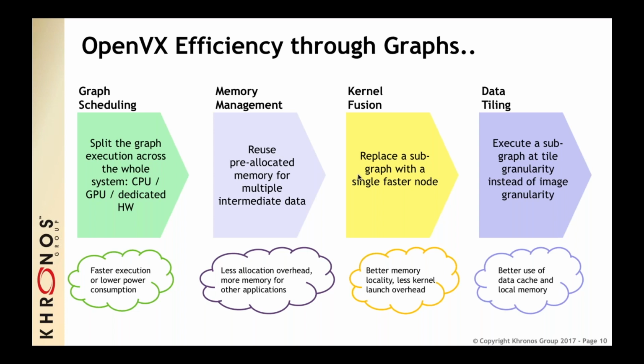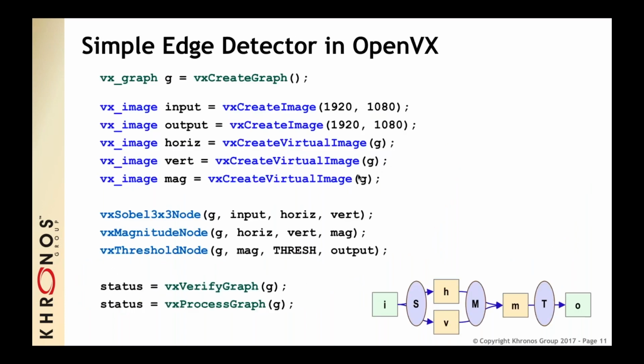In an implementation, you look at all these three and say, I can fuse all of those into one node. My Gaussian filter can just take RGB, calculate the luma, and then perform the whole output. So all those things are possible, and an implementation can do them. If you have an OpenCL kind of implementation, you can fuse all of them into generating one OpenCL kernel. There are different techniques that every vendor uses, and an application doesn't have to worry about it.